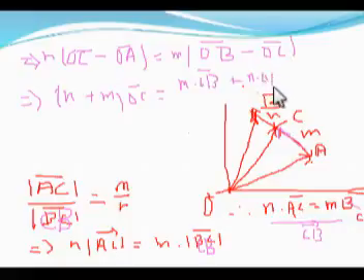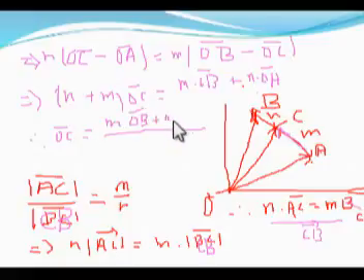Now we get the result. Therefore, the OC vector of the internal point will be m into OB vector plus n into OA vector, by m plus n.